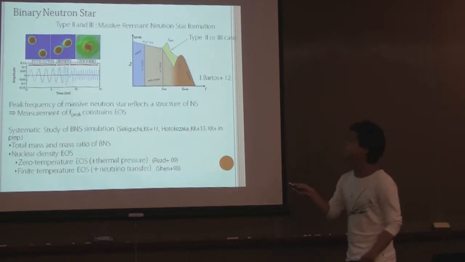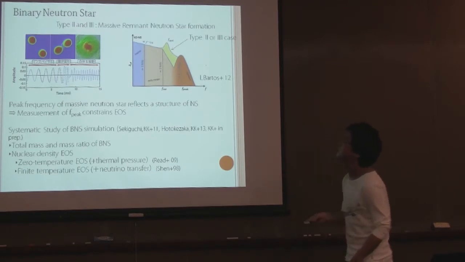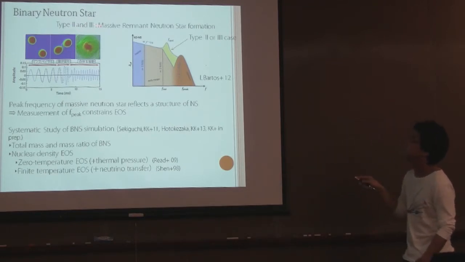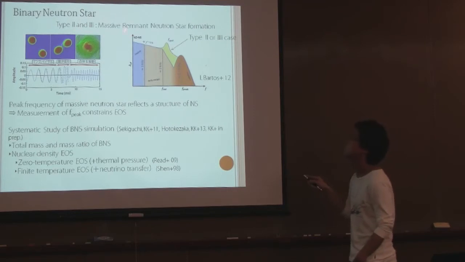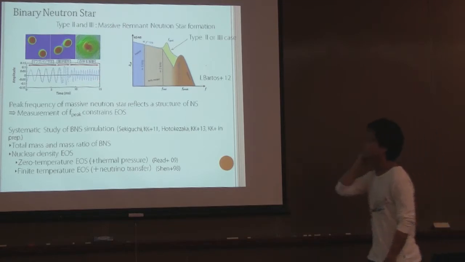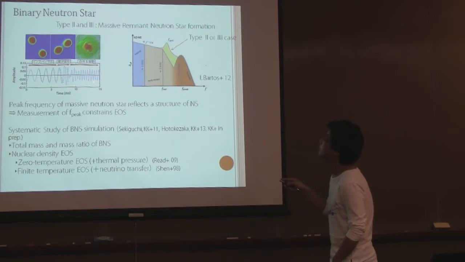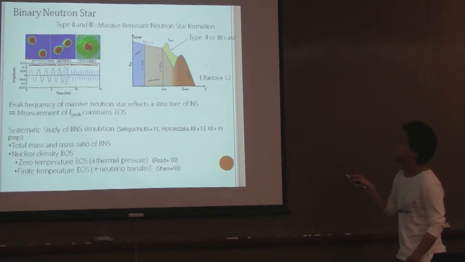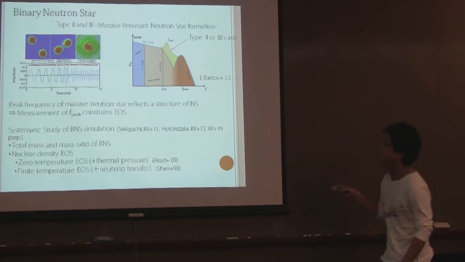Let's move on to the type 2 or type 3 case. As I said before, in this case, a massive neutron star is born after the merger, and this massive neutron star emits gravitational waves periodically. If you look at that in Fourier space, there appears a peak around several hundred hertz.